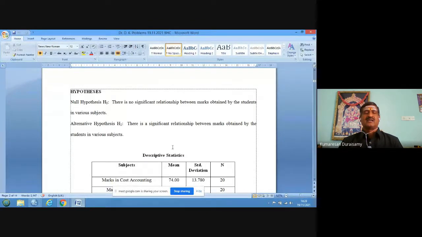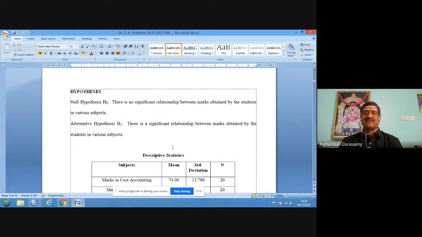Here, some of the guides say that there is no need for writing a hypothesis for the correlation analysis, but some others say that it is a must. In my opinion, nothing is wrong at all in formulating a hypothesis for correlation and regression analysis.